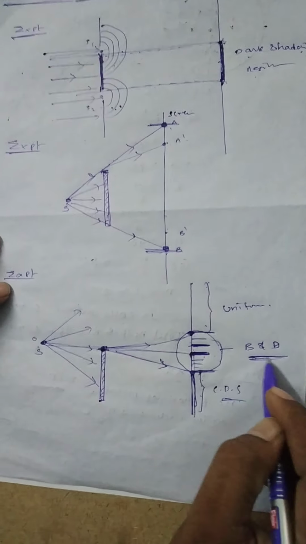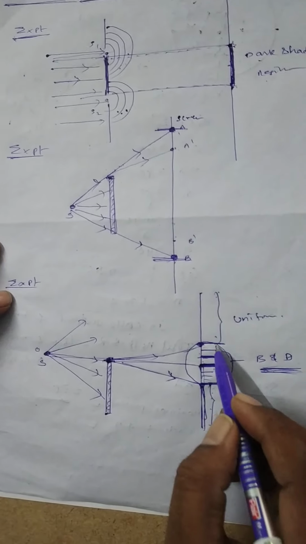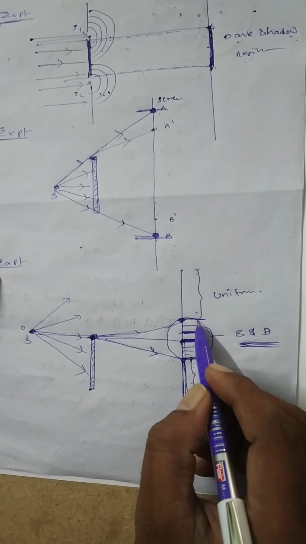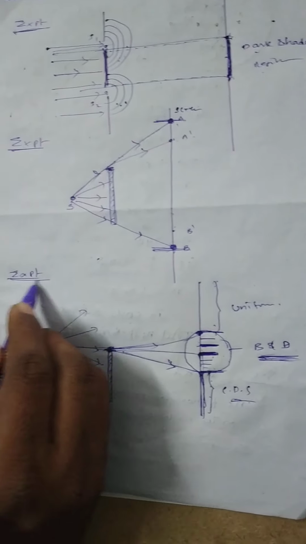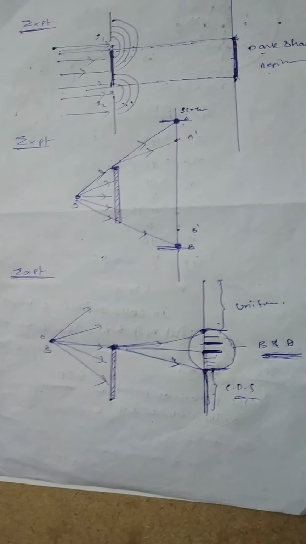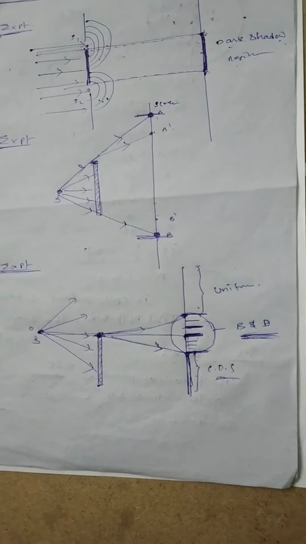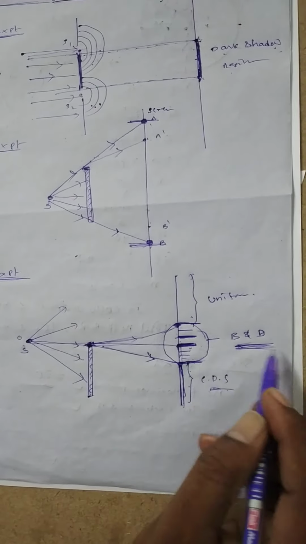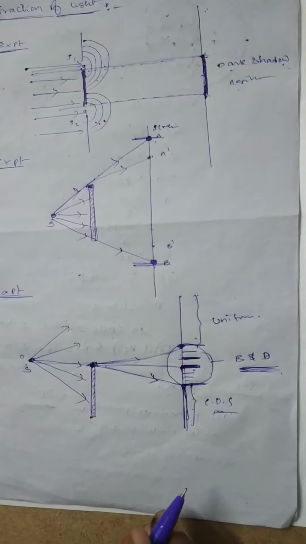Therefore, this production of bright and dark bands alternately on the screen is known as diffraction. It is mainly due to diffraction of light.